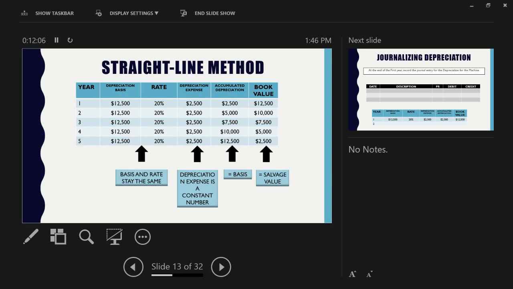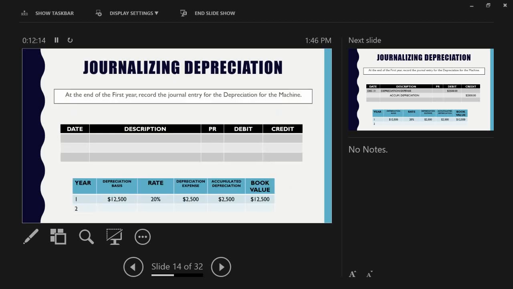You're going to calculate twice. In this one, it's pretty simple and straightforward. You solve for one, you got it. So let's go ahead and journalize the first transaction. How much depreciation expense did you incur in this journal entry?